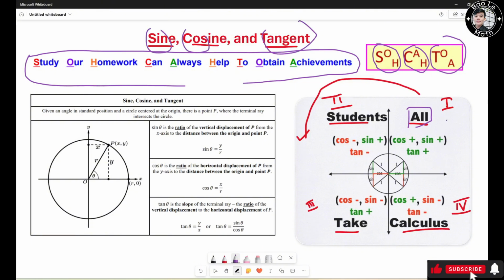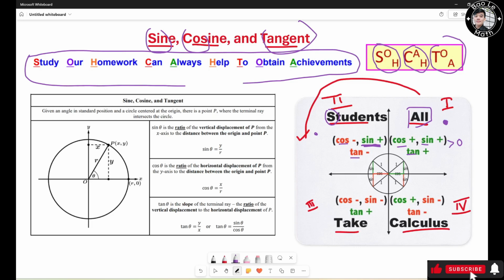All means all of sine, cosine, and tangent. So if point P is on the first quadrant, sine, cosine, and tangent are always positive. If point P is on the second quadrant, the letter S right here stands for sine, so only sine is positive and the rest are negative.